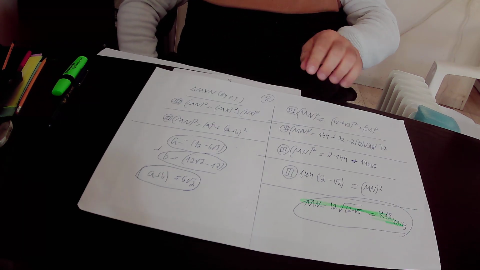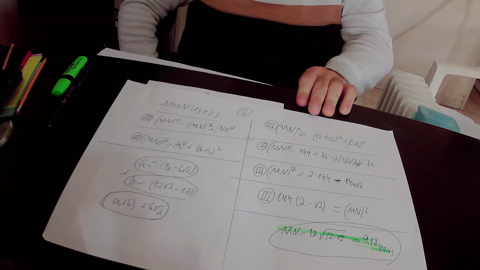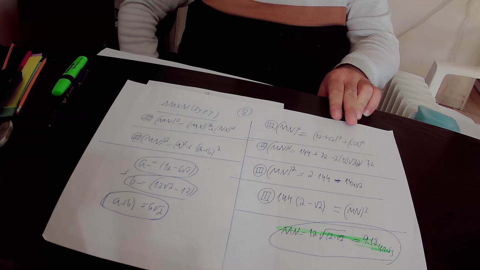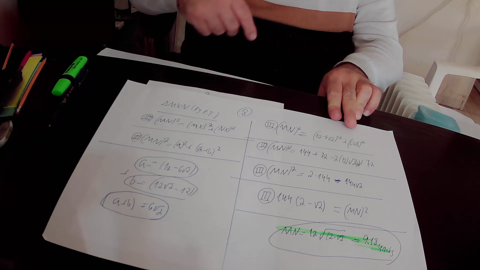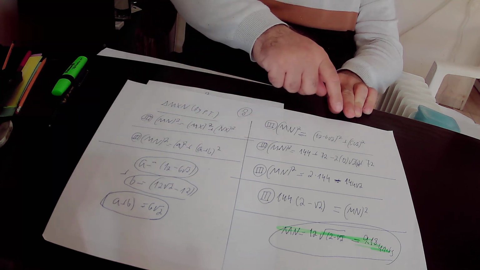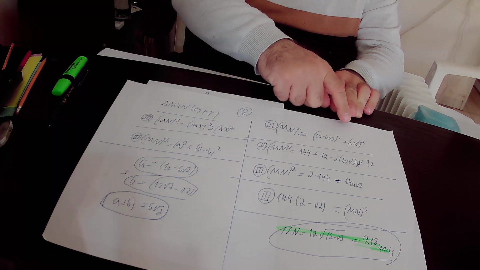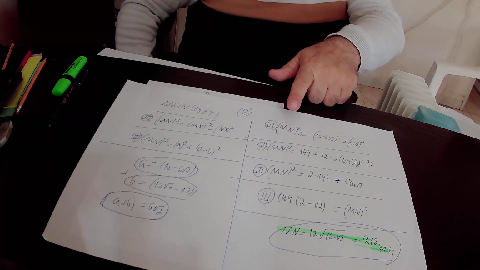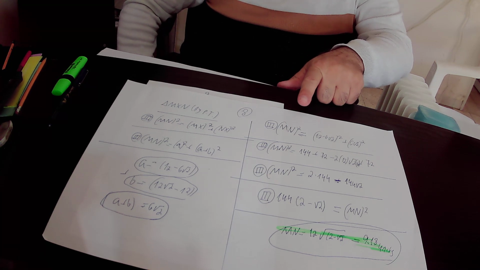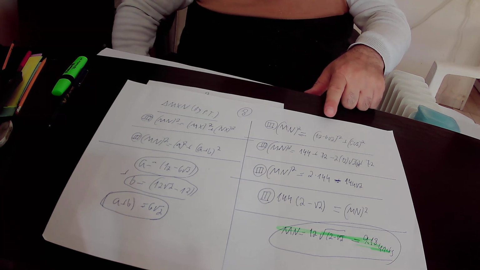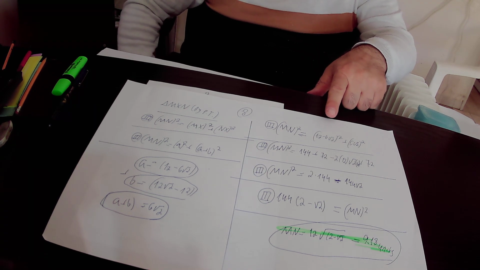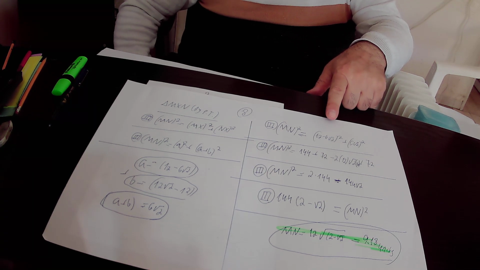So here, in equation number 3, we have MN square equals A square, which is (12 minus 6 times square root of 2) square, plus (A plus B) square. A plus B is 6 times square root of 2, so (A plus B) square is (6 times square root of 2) square. So MN square equals 12 square, that is 144, plus (6 times square root of 2) square, that is 72.